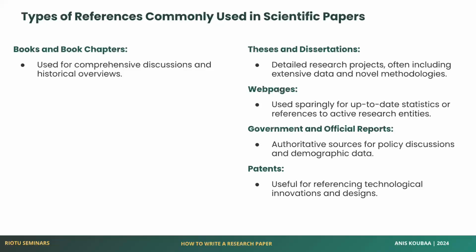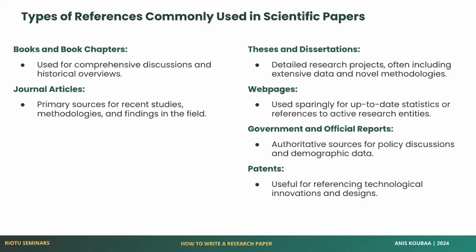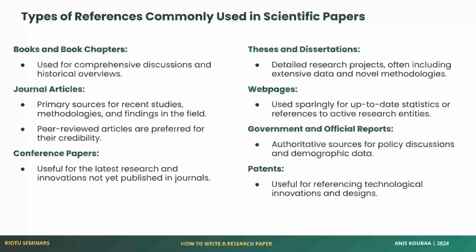So, types of references that are commonly used in scientific papers. Basically, we can make reference to books and book chapters, of course, journal articles, and conference papers. In some cases, you can also refer to theses and dissertations, but basically, theses and dissertations would have publications. So the most common thing is that we make reference to those publications instead of the thesis.